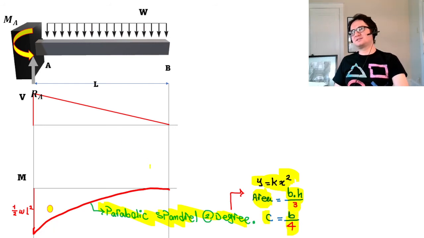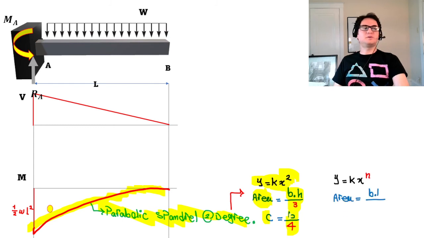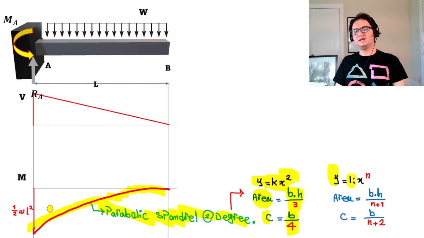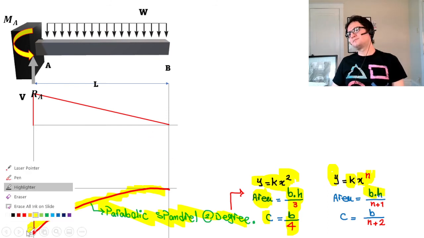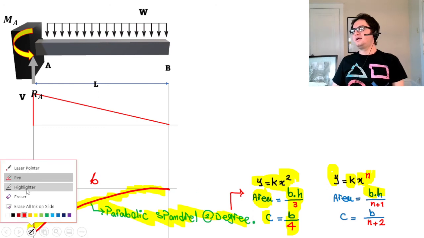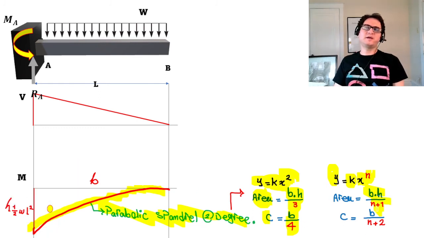And if you have the same kind of shape, a parabolic spandrel with higher degrees, if y is equal to k times x to the power of n, area is b times h over n plus 1 for area and n plus 2 for centroid.